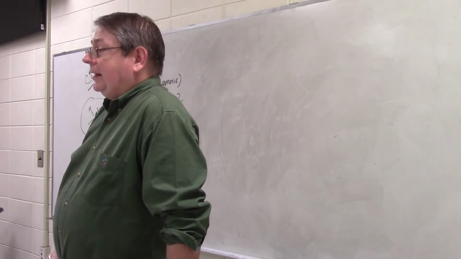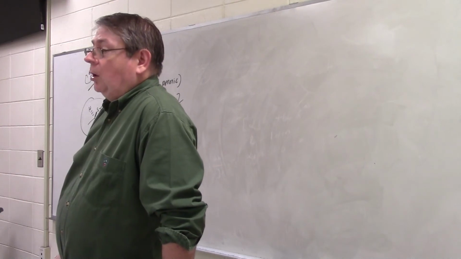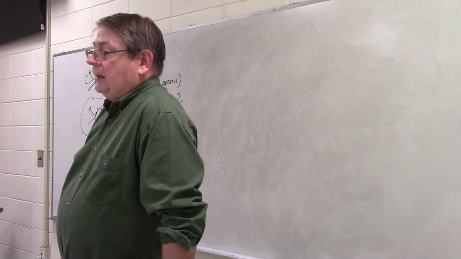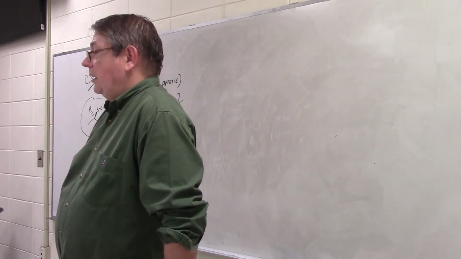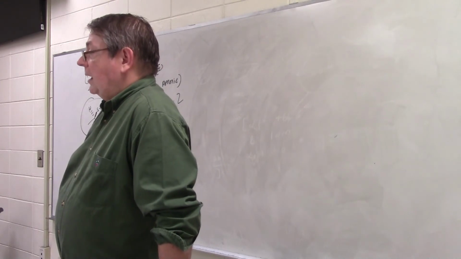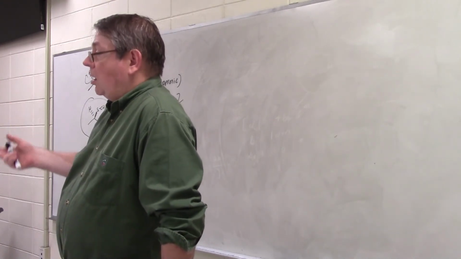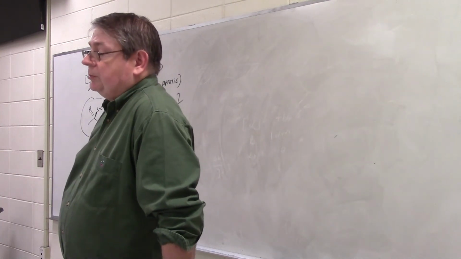You eliminate anything that doesn't have the longest parent chain, and then you number your parent chain to give the lowest possible numbers for the substituents. Of course, carboxylic acids and alcohols take priority in the numbering, but everything else is just a regular substituent.